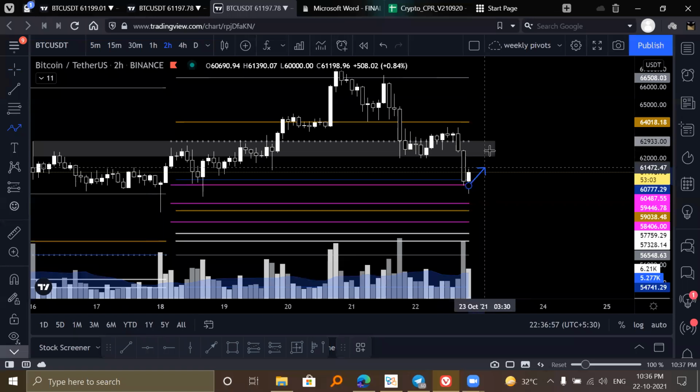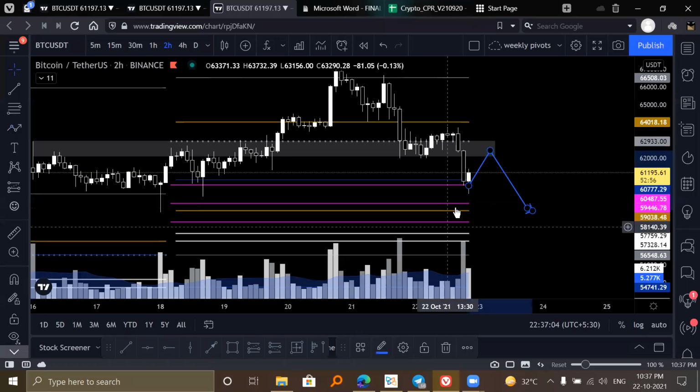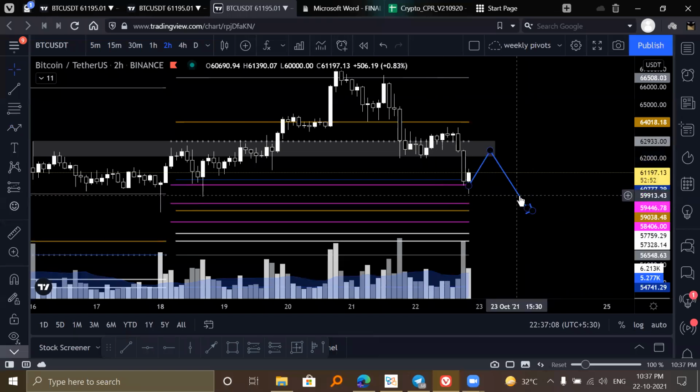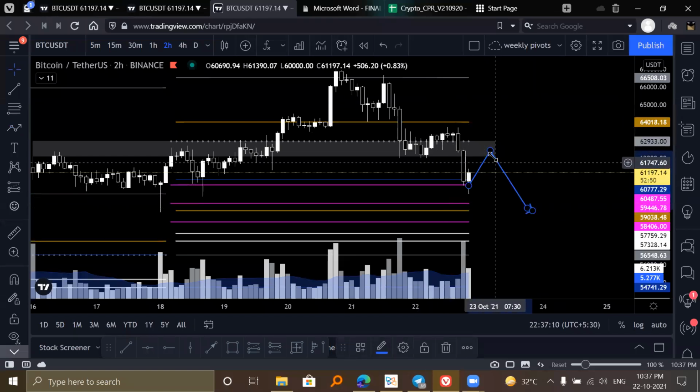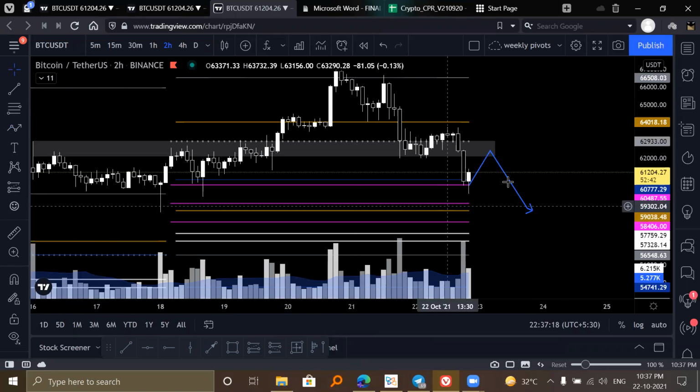Probably this may happen. The price will reach this supply zone, and then it might come down also. Or this GPG has to be touched anyhow. Then it will be confirmed that it's acting like support and resistance.